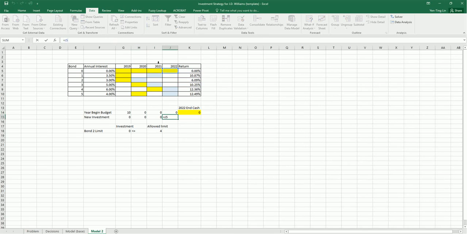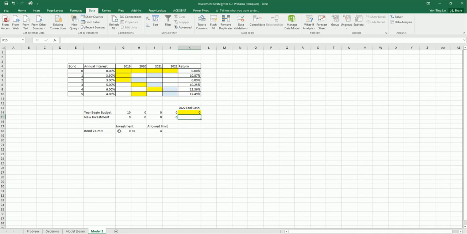I can only invest in cash in 2022. My cash at the end of 2022 is simply the cash in that year plus the matured bond 4 plus 5, of course, plus their principal and interest.